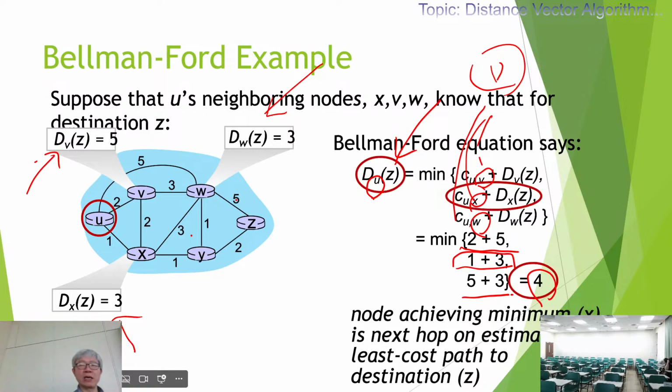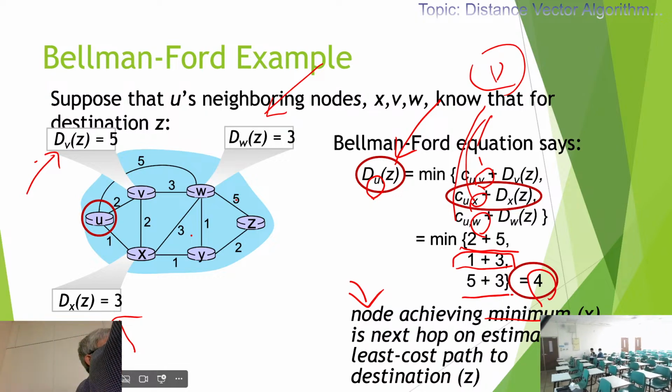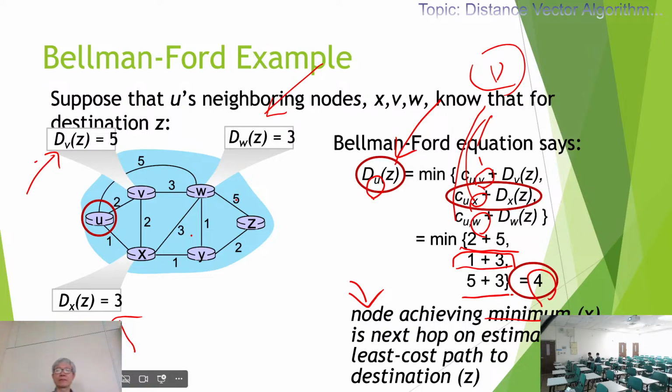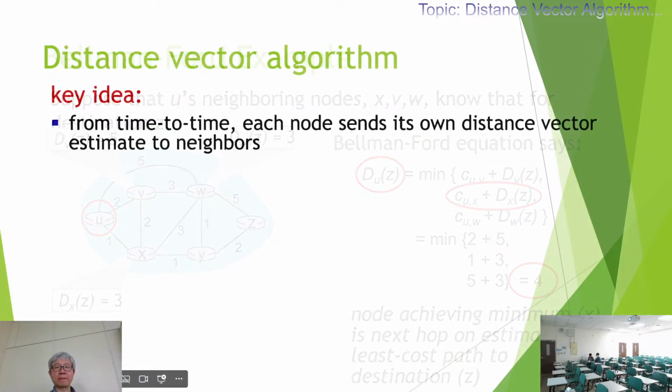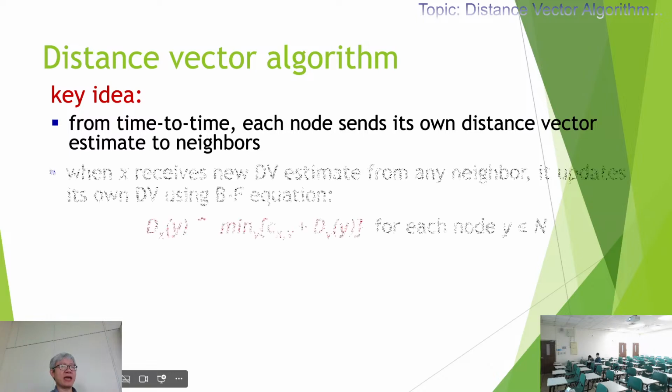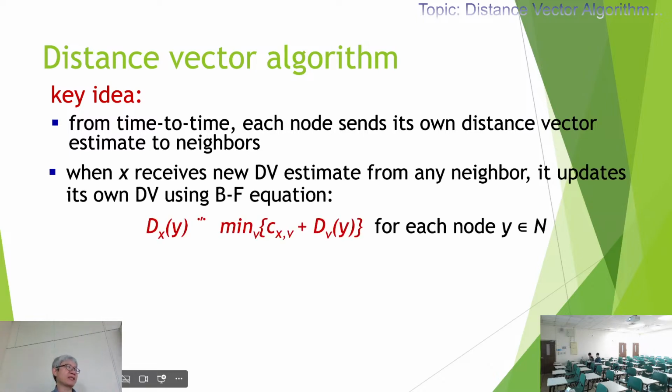This node will achieve the minimum cost path. It is a distributed one, so we will have the update for that.